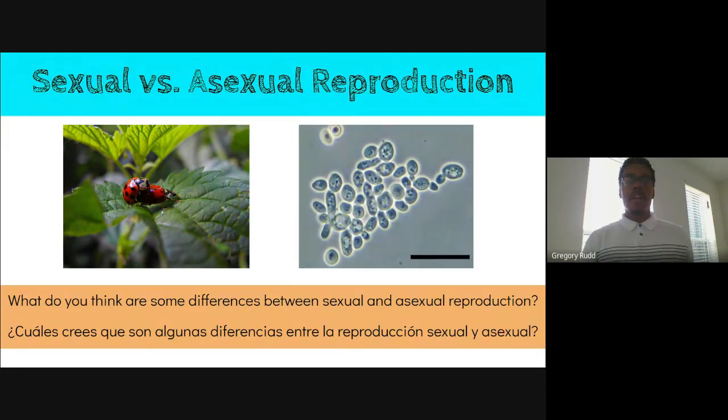Sexual reproduction, on the other hand, does require 2 individuals, 2 different organisms. 1 organism needs to be the source of sperm, and 1 organism needs to be the source of an egg. Even with plants, this is the case. Think about the early spring months when you see a lot of pollen floating around in the air.